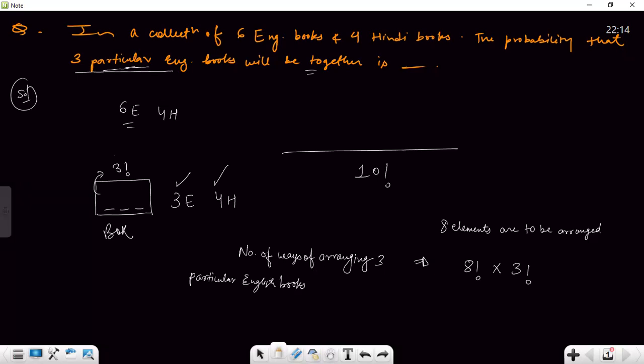So the number of ways of arranging 3 particular English books is 8 factorial times 3 factorial, where 1 is a box, 3 English books are remaining, and 4 Hindi books are remaining. So we have 8 elements to be arranged, and the box itself has 3 factorial cases to be arranged in different manners. Is that clear? Is this number of ways clear? Yes, sir. These are the number of cases for our favorable event.